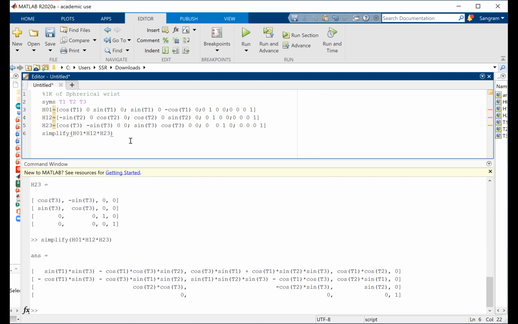So what is given to me? I'm given a certain roll angle, a certain pitch angle and a certain yaw angle.